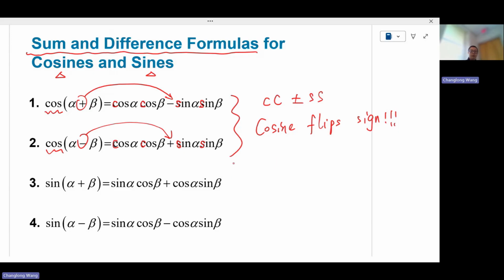Now, the next two are more intuitive. As you can see, the structure is SCCS, so I'm going to go with SC plus or minus CS. To remember what's plus or minus, you're going to remember sine functions keep the sign.